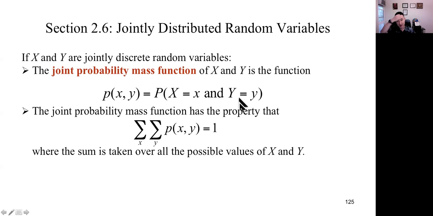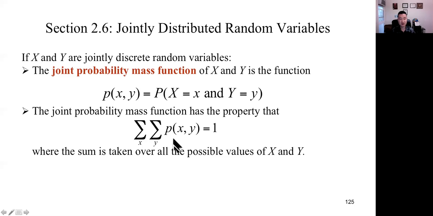And for continuous variables, we have a similar thing, called joint probability density function, which we'll discuss in a moment.